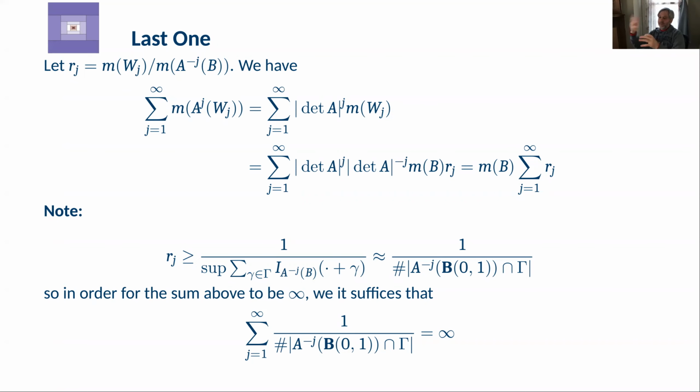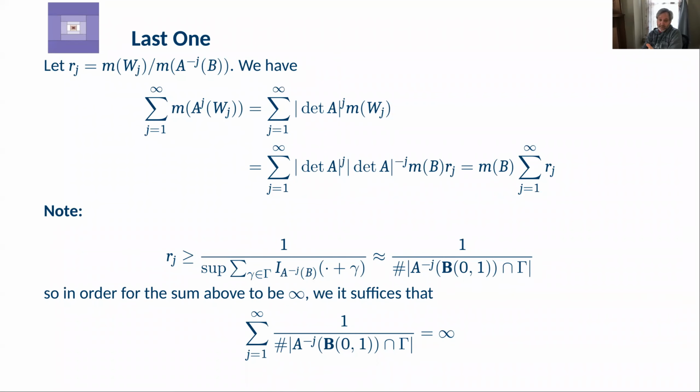At least one of those subsets of a to the negative j b is going to have to be a third of the size. And then finally, it's a bit of a step maybe, but it turns out that if you take a ball and translate it around and count the number of times they intersect, that is, up to some constants, the same as counting the number of intersections in possibly a different ball, the number of times a different ball centered at the origin intersects the lattice.